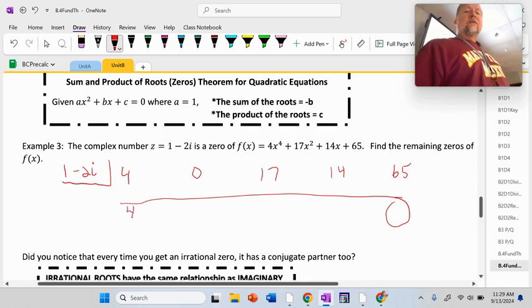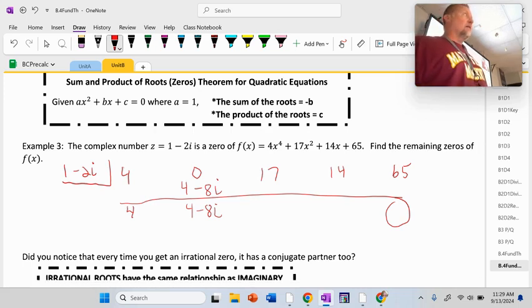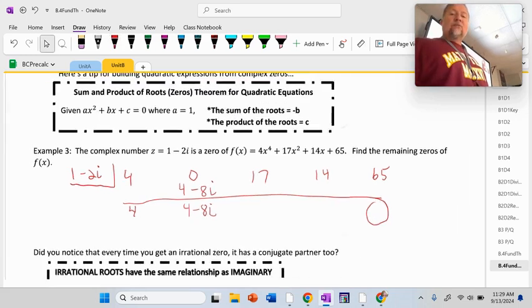So 4, the first one's easy. 4 times 1 minus 2i is just a distribution, right? And then to add that to 0, this is 4 minus, well, this is the weirdest coefficient. And then what do you do next? You multiply. And this is where you might use a graphing calculator.